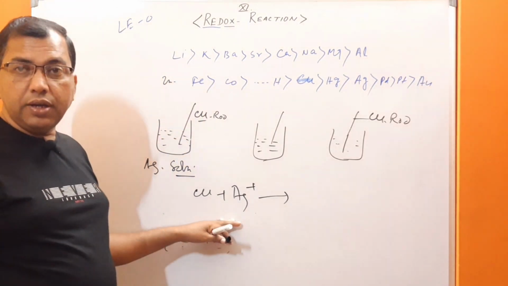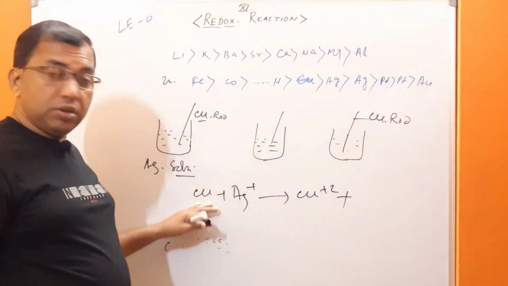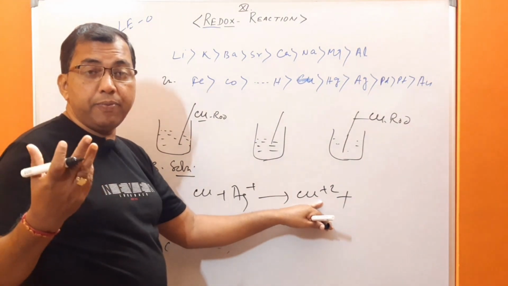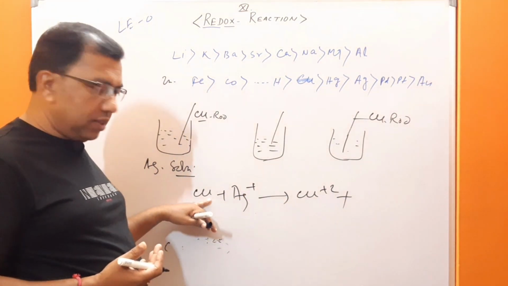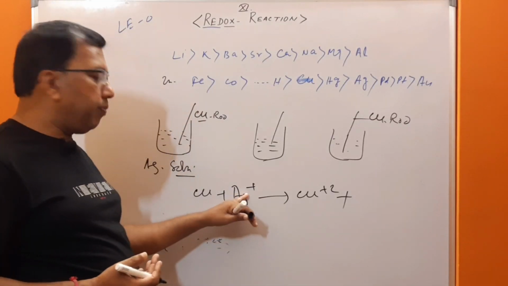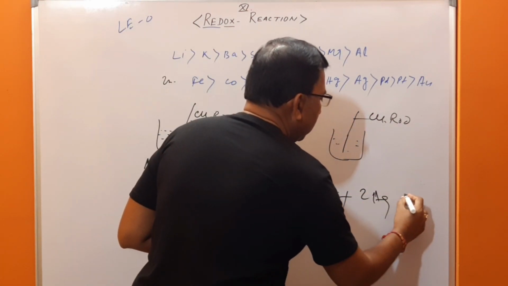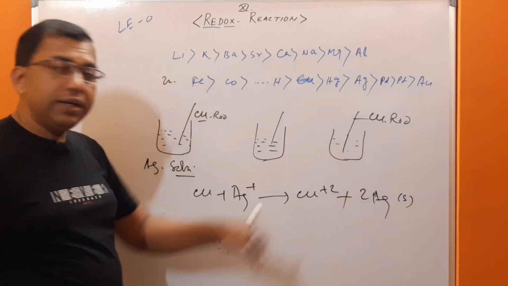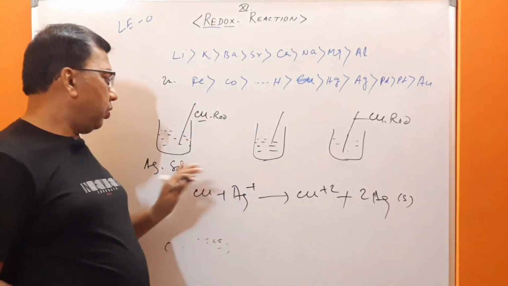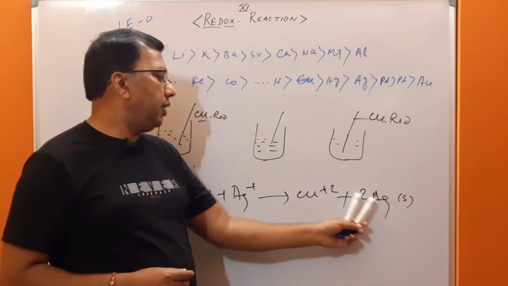When does Cu become Cu2+? Cu means the atomic state. When it loses electrons, it becomes Cu2+, and Ag+ takes the electron and becomes Ag. Solid Ag will be deposited. So in the case of silver solution with a copper rod, the reaction will take place: copper gives Cu2+ and silver.